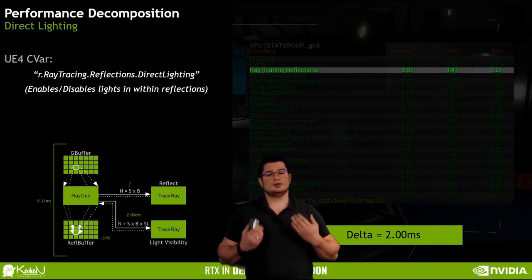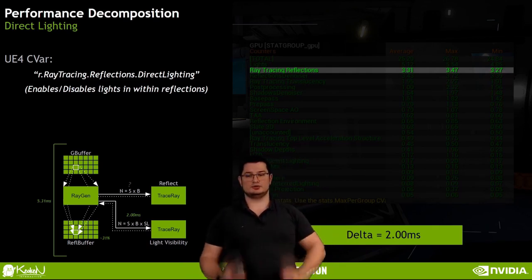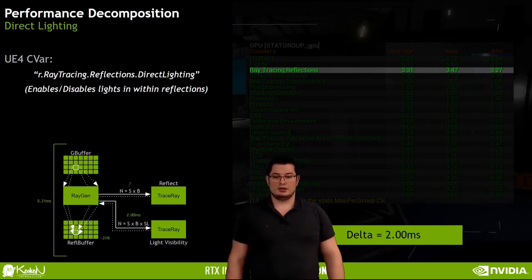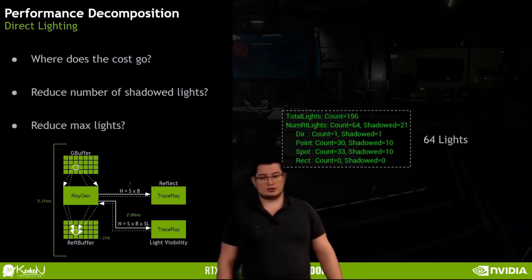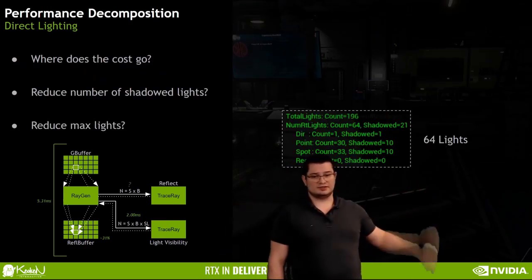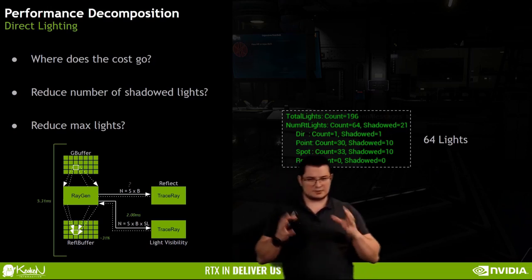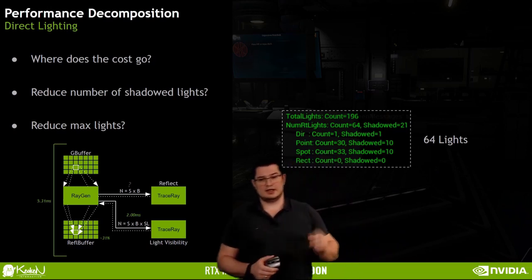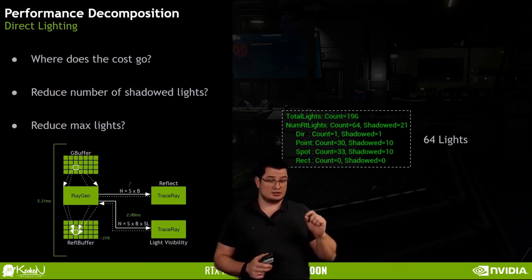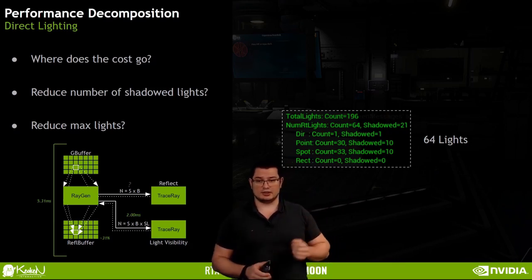But we also want to know what we pay those 2 milliseconds for. Those 2 milliseconds go in total to 64 lights. This entire scene, not the complete level, but this specific scene, has loaded 196 lights, which is almost 200 lights.